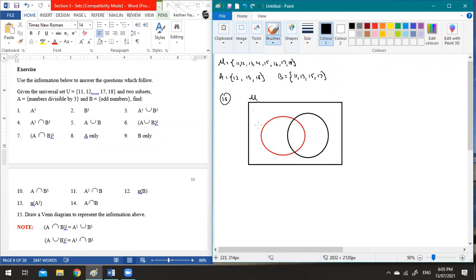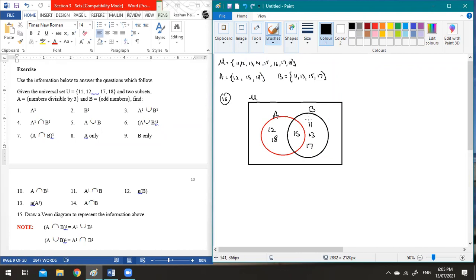Then we say universal set is here. Let's call this A and call this B. The common element, you write in the middle here, so 15. Now in set A, you'll have 12 and 18 remaining. In set B, you'll have 11, 13, and 17 remaining.